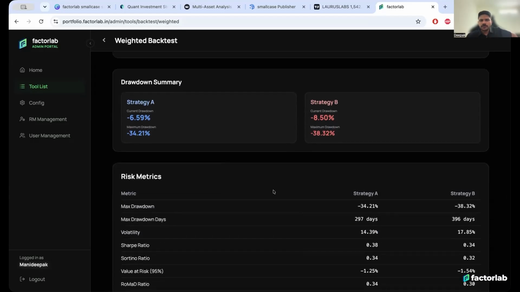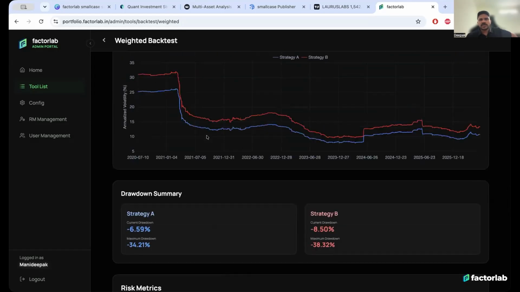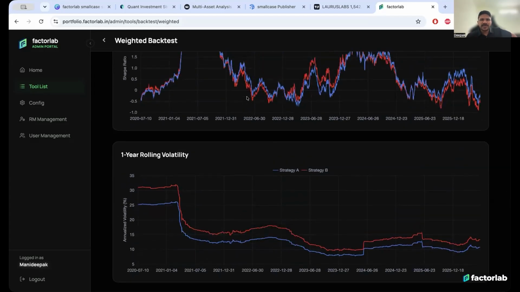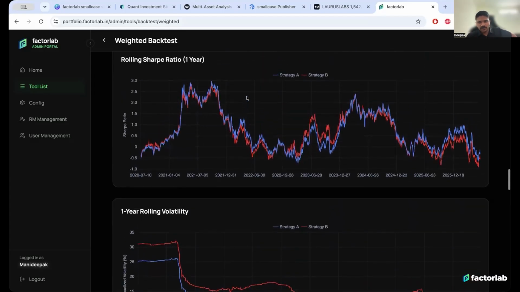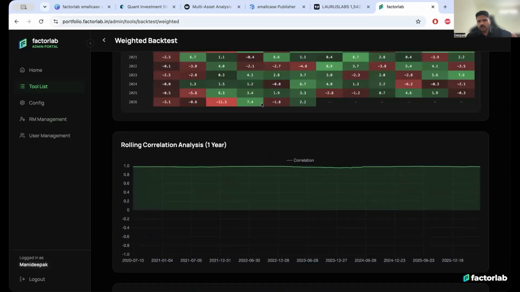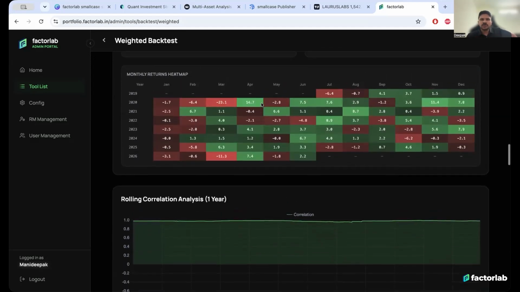And I think the current drawdown also shows that the drawdowns have reduced because when you pick something that is less correlated and you add that to the portfolio, your risk metrics become better, not hampering your returns too much, right? So that's what you see in the Sharpe ratio and Sortino ratio.